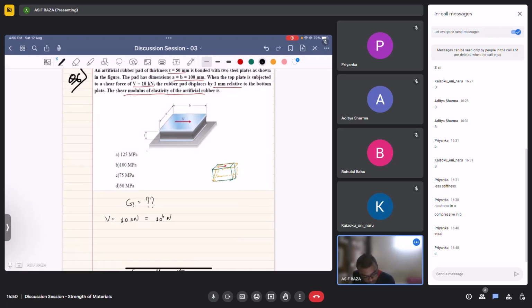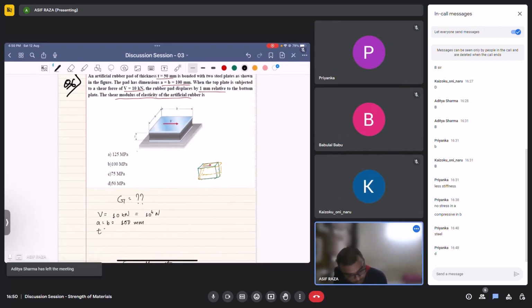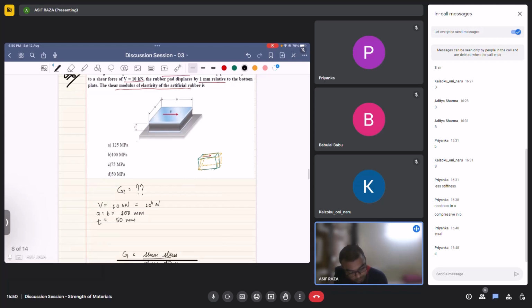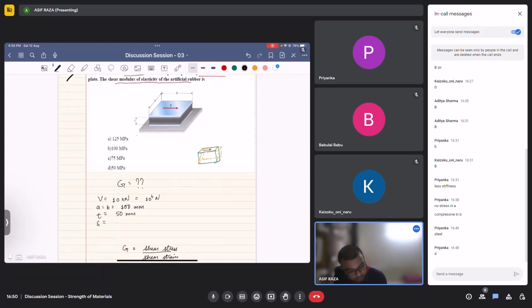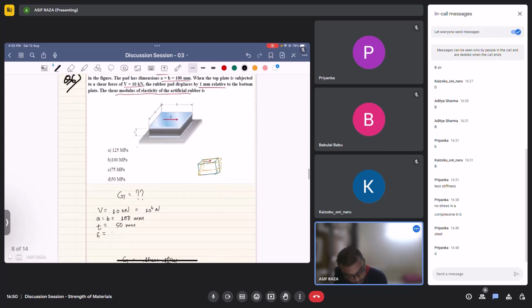Then A equal to B equal to 100 mm, and thickness as 50 mm, while the displacement has been provided as delta as 1 mm.